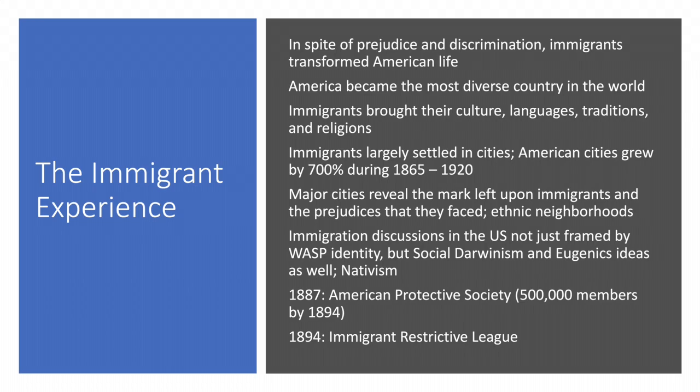In 1894, another group was created called the Immigration Restriction League. And this was founded by a bunch of wealthy elite people who were Harvard alumni who graduated from America's most prestigious university. The goal of these groups is to force Congress to either restrict or permanently end immigration.